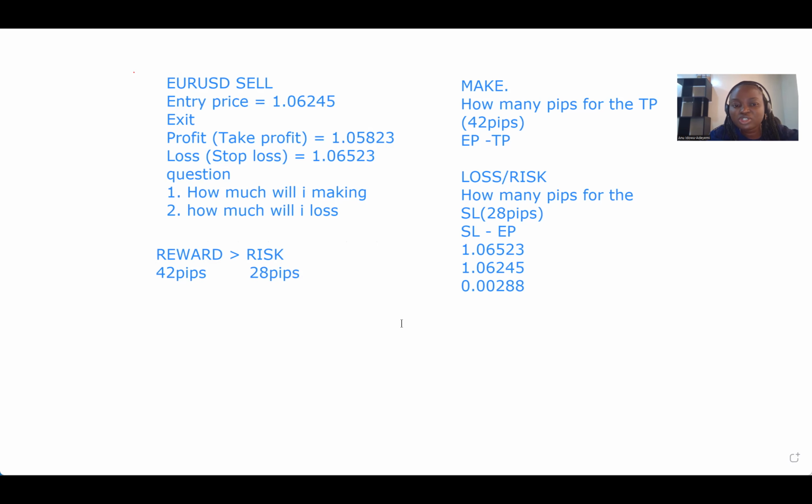Now, the next question is, how much will I be making in dollars? To determine how much you'll be making in dollars, lot size is important.